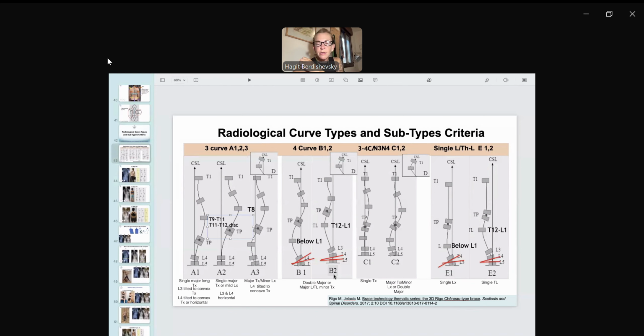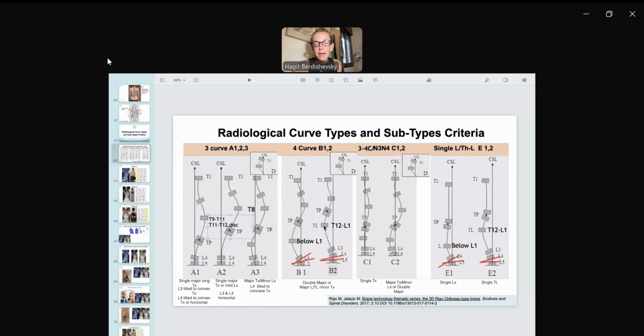Then the B2 type for 4C, similar to it, is called E2 for single, meaning it's the same curve as its brother subtype, just where is the apex?